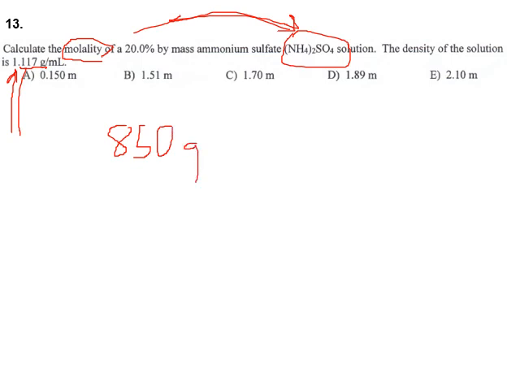In other words, if we convert this to 1,117 and multiply that by 0.8, and I'm getting the 0.8 because if the solute is 0.2 and there's only two things in here, then the solvent has to be 0.8. That's where the 0.8 is coming from.